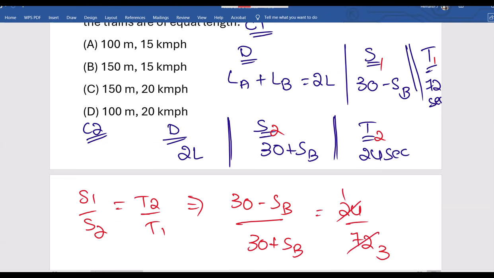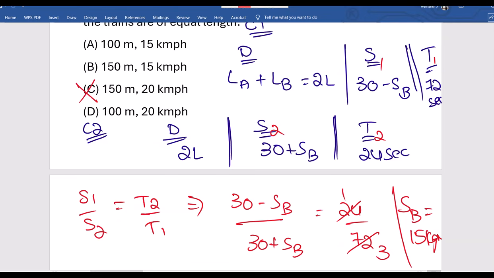See, 3 times relationship required. I think 15 is what SB you can calculate. 15 divided by 45, 3 times will come. SB is equal to 15. SB is 15 kilometer per hour.